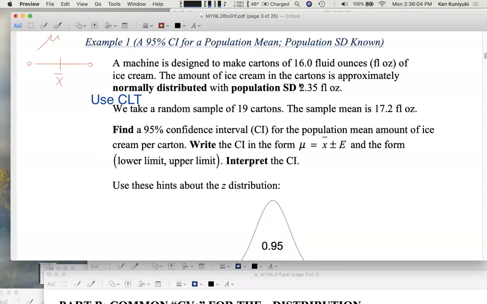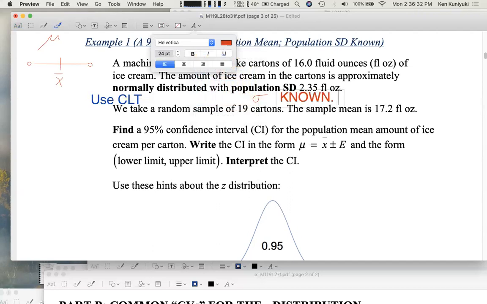And we're going to assume that the cartons are going to have a population standard deviation of 2.35 fluid ounces. So we're assuming that sigma, the population standard deviation, is known. We're going to assume that sigma is known, which is why we're applying the methods of this lesson.